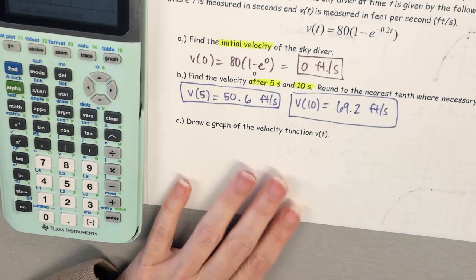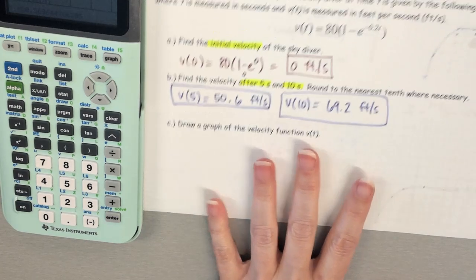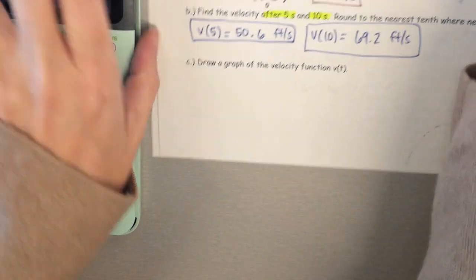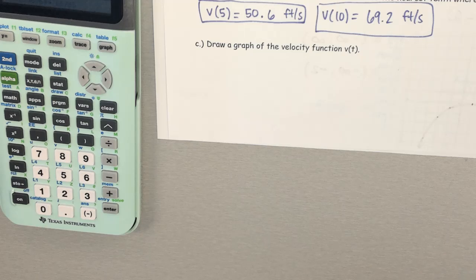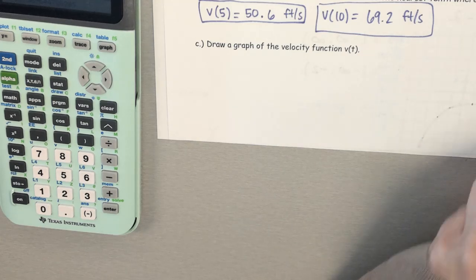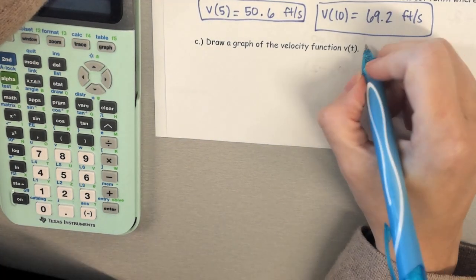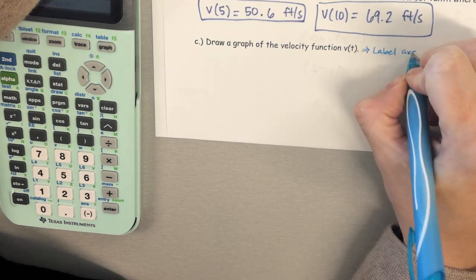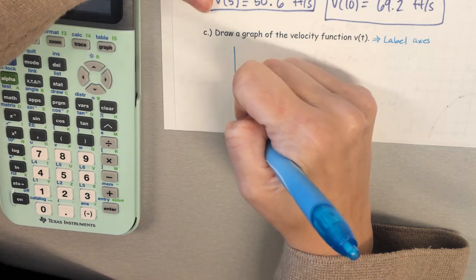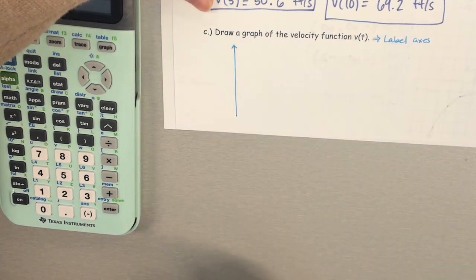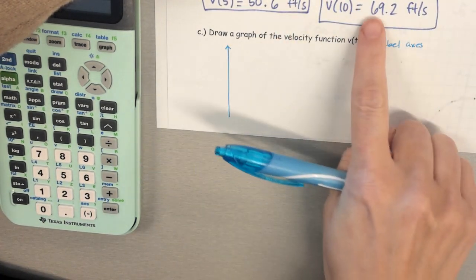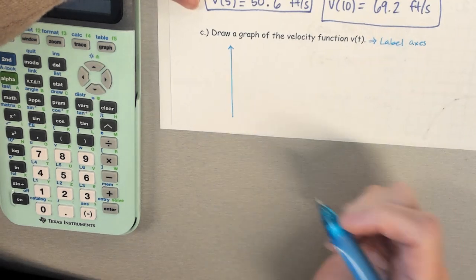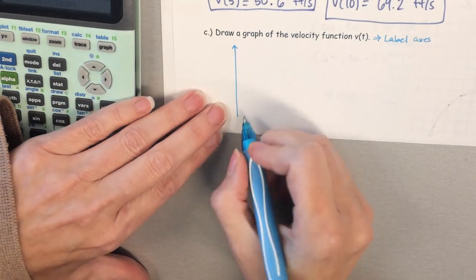Okay, and now we're going to draw a graph of the velocity function. So we're going to do this in a similar way that we did on our preview sheet. And whenever you're doing this, I want you to label your axes. Okay, so we have to make sure we go from 0 to at least 70, so we could go up to 80.